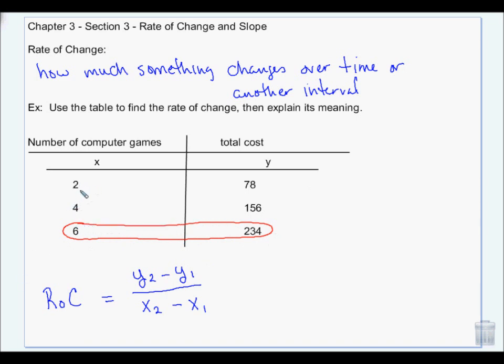So I can use the 6 and 234 and the 4 and 156, or I could use 4 and 156 and 2 and 78. I just need to pick 2 points. And what I'm going to do is I'm going to take the larger one minus the smaller one. If I do this one first and then this one second, I have to do this one first and then this one second. They have to go together, right?